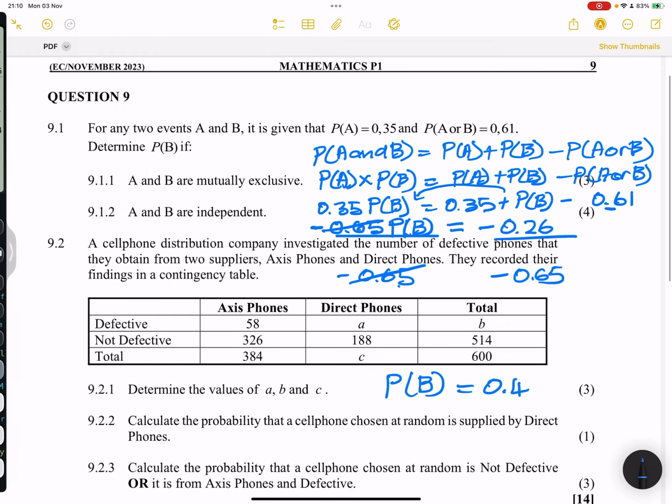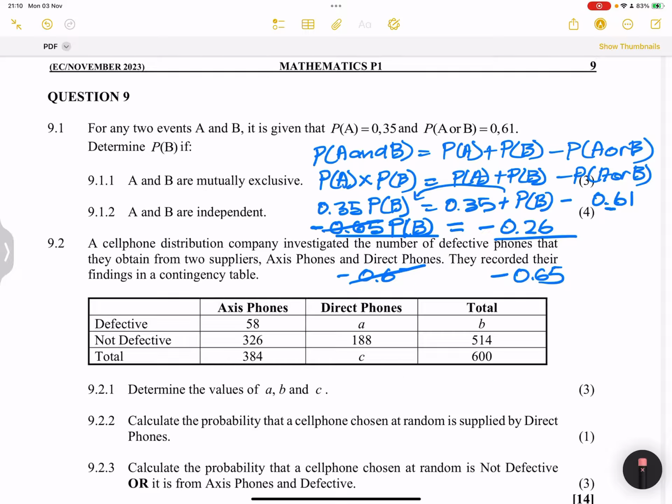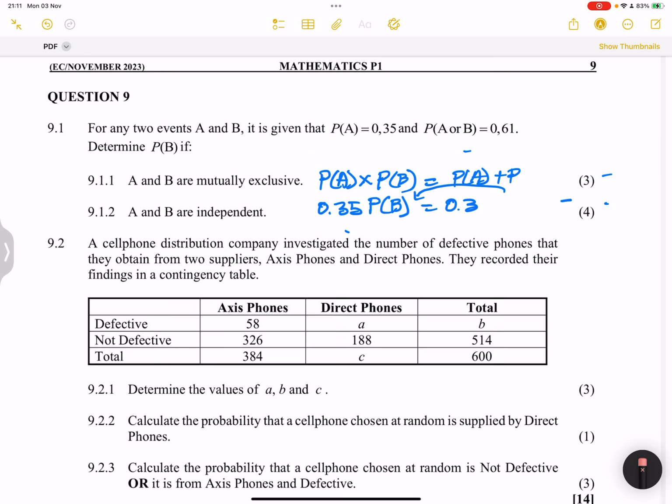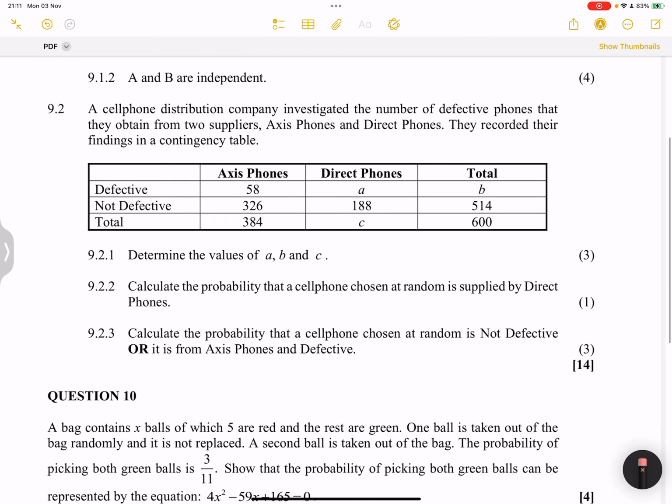Please remember those conditions that were given: anytime they say events are independent, it means that the probability of A and B is equal to the probability of A times the probability of B. But if they talk about mutual exclusivity, it simply means that the probability of A and B is equal to 0. Right, and then let's go to the next question.